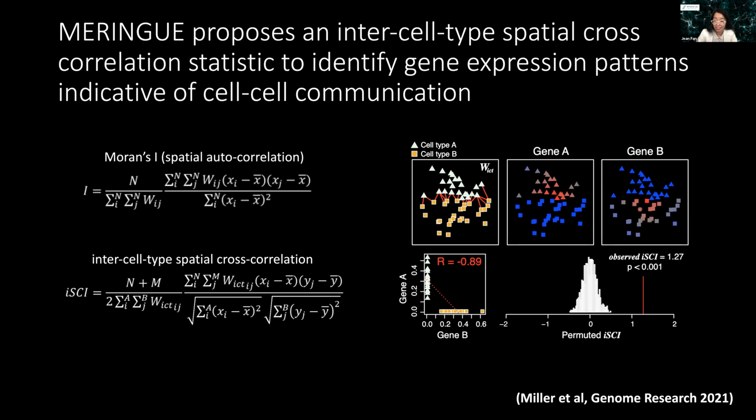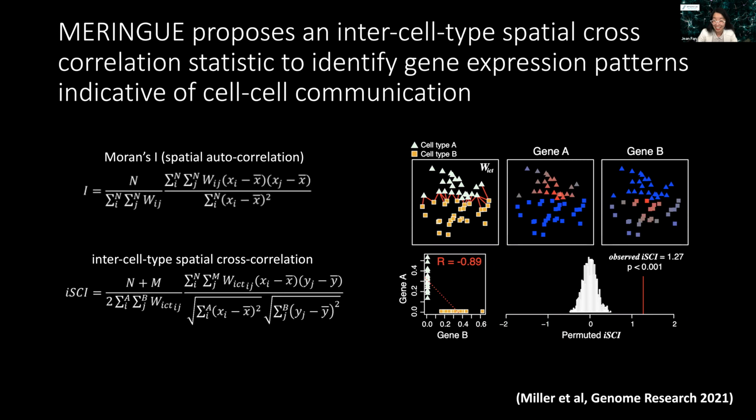So, given that the receptor and the ligand are expressed in different cell types, if we were to just look at regular cross-correlation between the gene expression of this receptor and ligand gene, we would actually find that it's negatively correlated, because the receptor is only expressed in one cell type and the ligand is only expressed in the other. But of course, visually, we're smart.